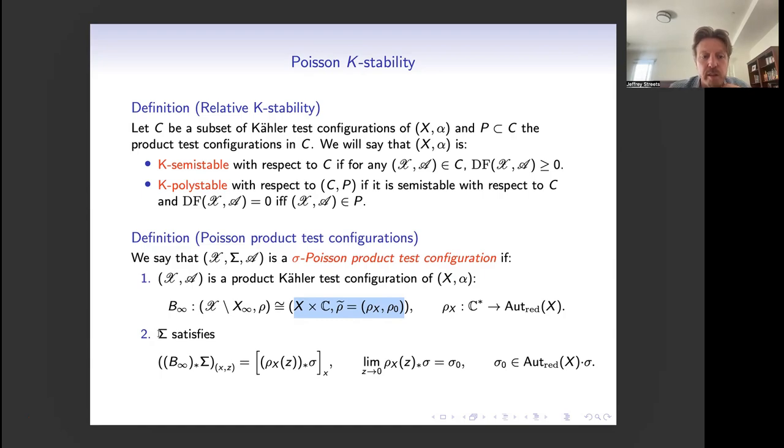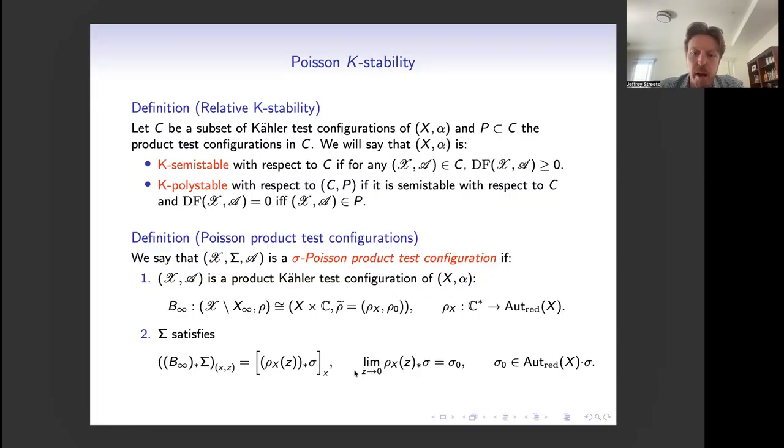And moreover, this sigma is equivariant in the right way. On each fiber x z, it's defined by the pullback of this fixed tensor sigma. So this is just an equivariance property for the Poisson tensor upstairs.